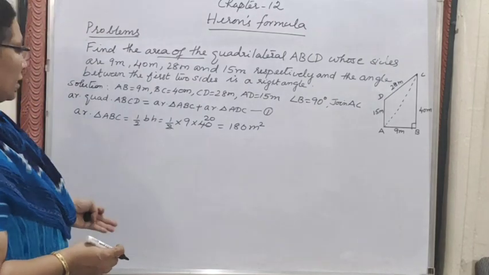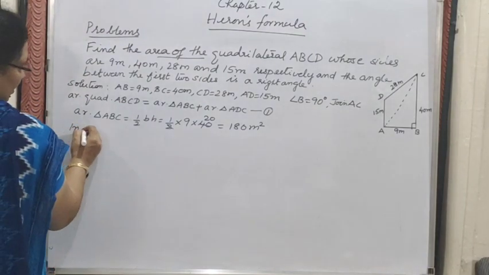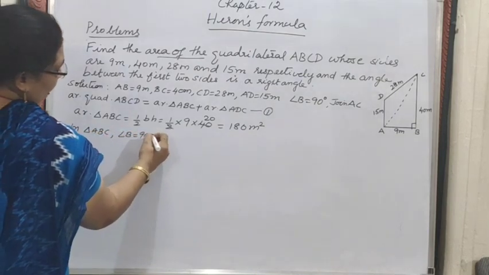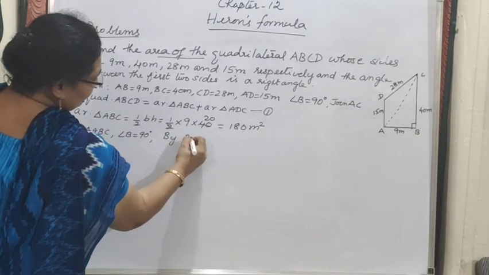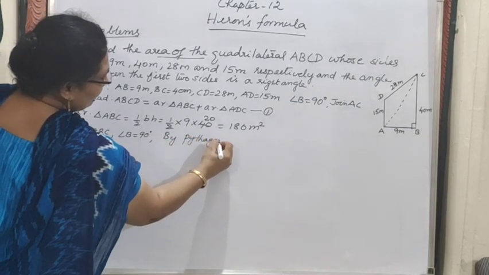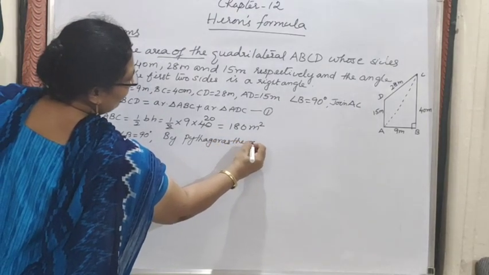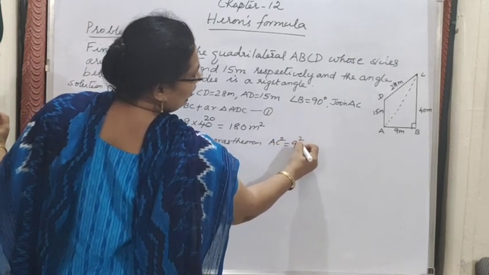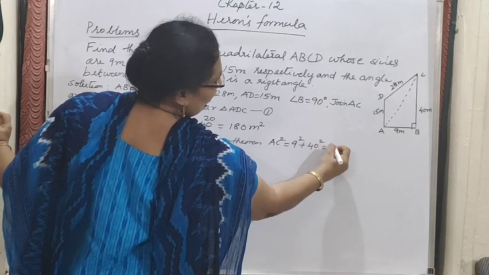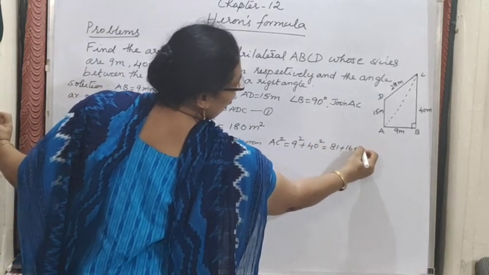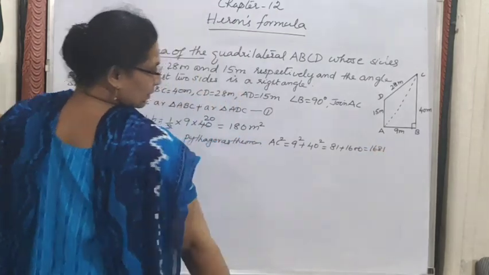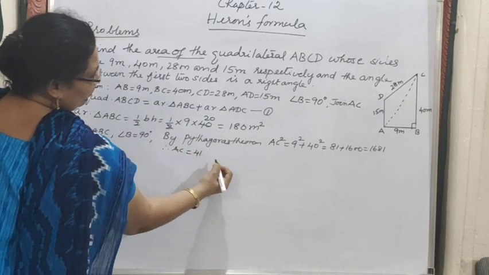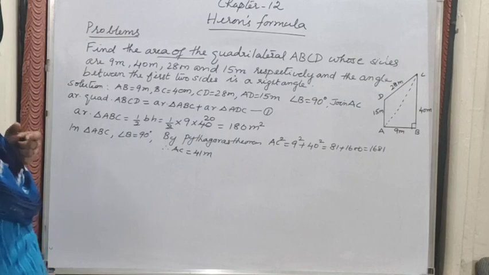So in triangle ABC, angle B is 90 degree, so by Pythagoras theorem, AC square equal to 9 square plus 40 square, equal to 81 plus 1600, or we can say 1681. That means AC equal to 41. So we got three sides.